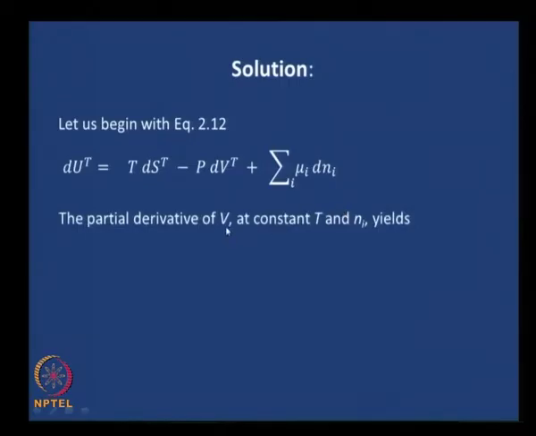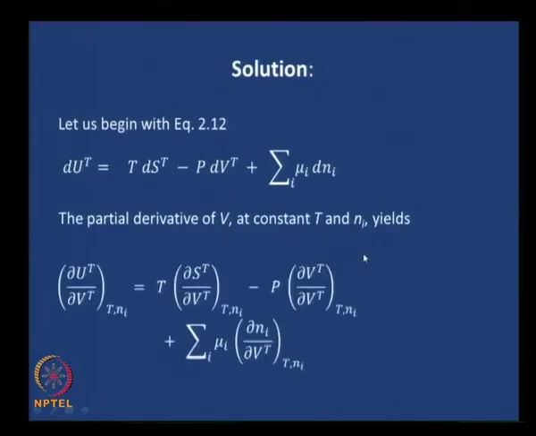The partial derivative with respect to V at constant T and Ni can be written as dou Ut dou Vt at constant T, Ni equals T dou St dou Vt minus P dou Vt dou Vt at T, Ni plus summation over all i, mu i dou Ni dou Vt at constant T, Ni.